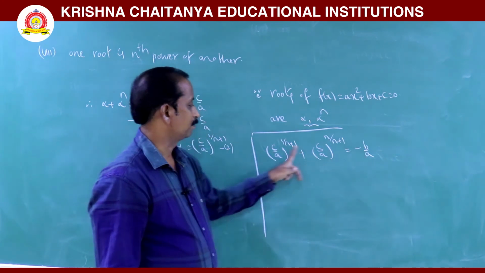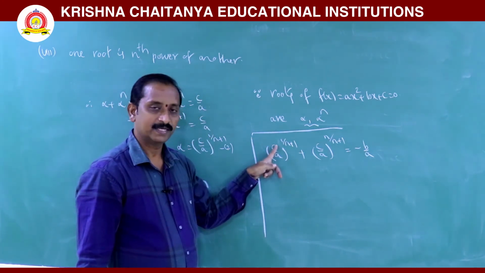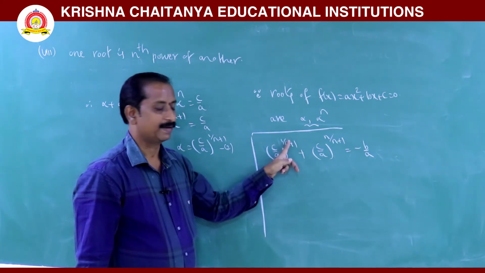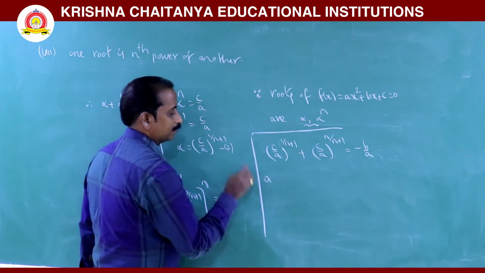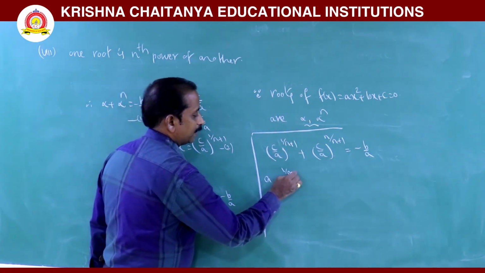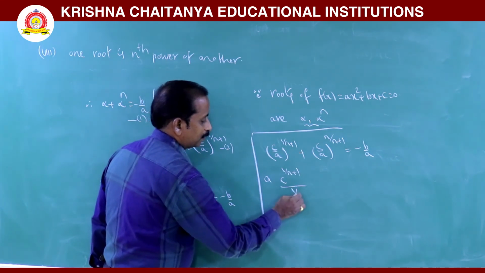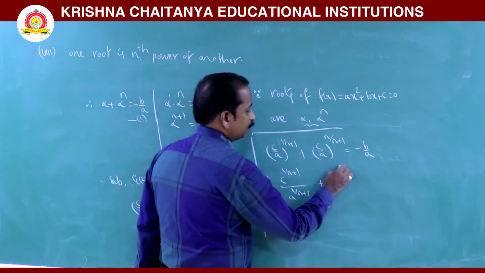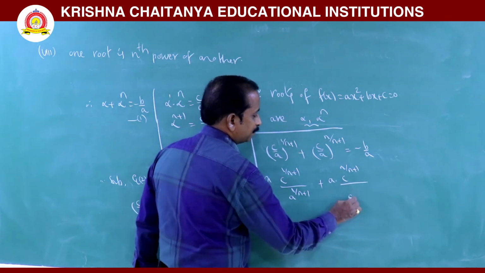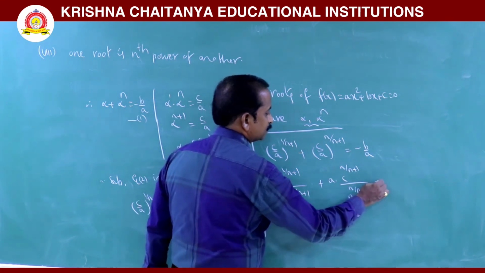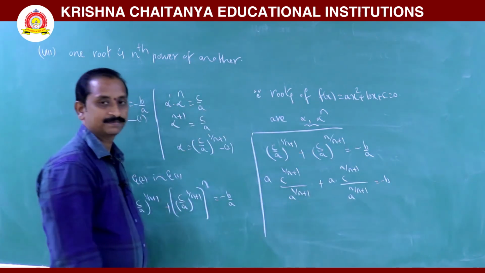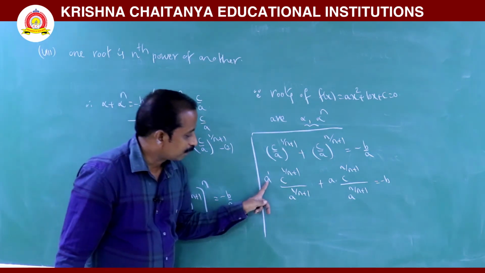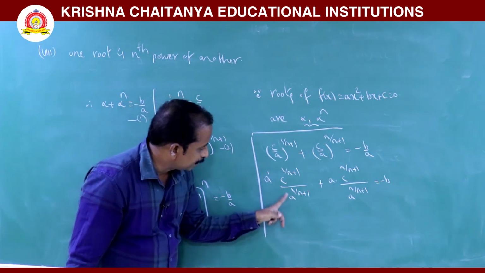Just cross multiply, and now it is in the form (a by b) whole power m, which is a power m by b power m. So therefore a into c to the power of 1 by n plus 1 by a to the power of 1 by n plus 1, plus a into c to the power of n by n plus 1 divided by a to the power of n by n plus 1, is equal to minus b. Now here a power of a is nothing but 1. It is in the form a power m divided by a power n.